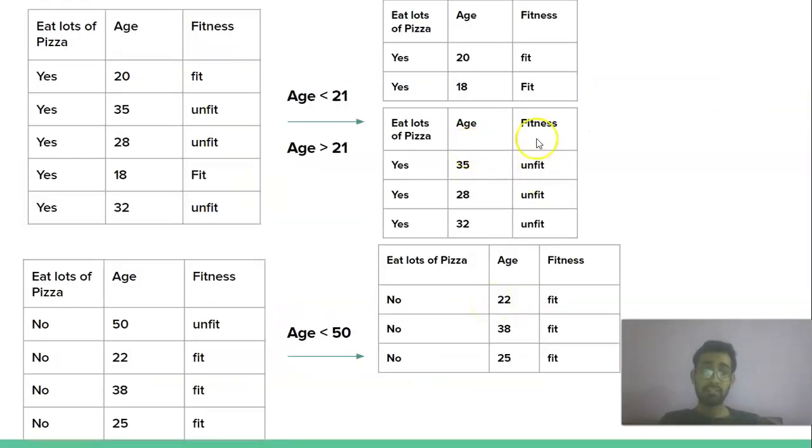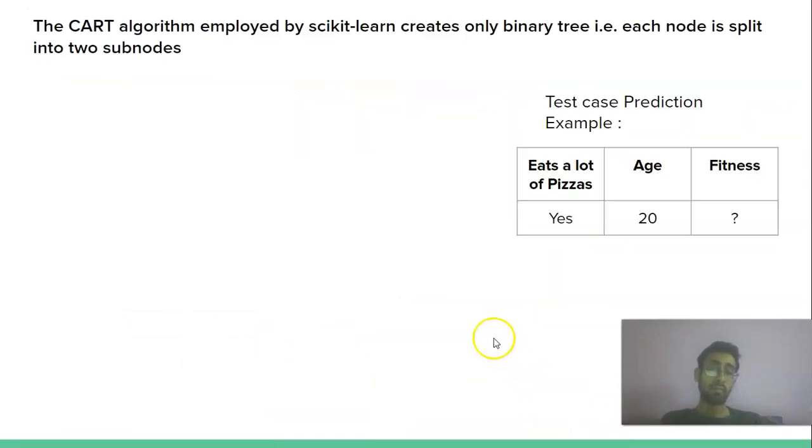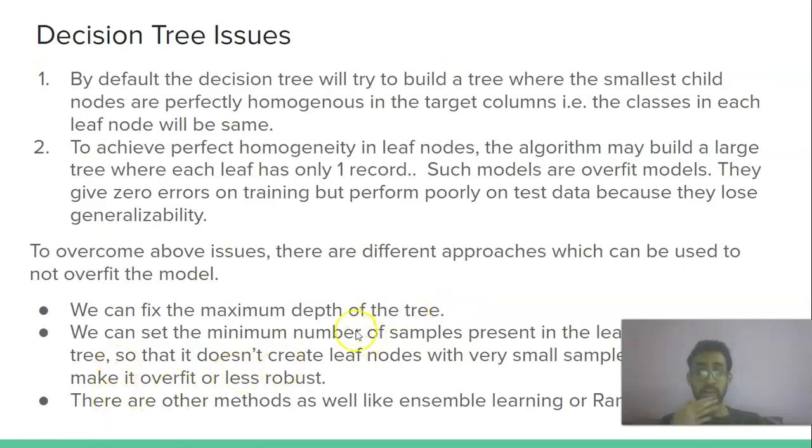As in the previous case, you can see here we had one single record, but this should not be the case. So here we can reduce the overfitting. One more thing, there are other algorithms built on decision trees to make it robust and less overfit, like random forest, AdaBoost, bagging. I'll be talking about these algorithms in a different tutorial.